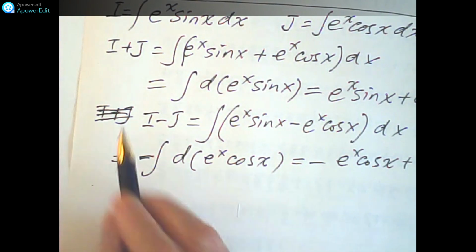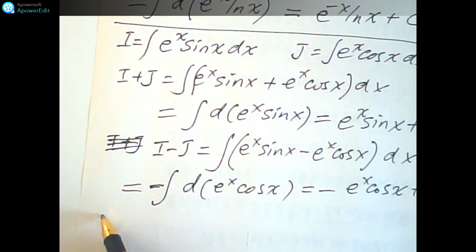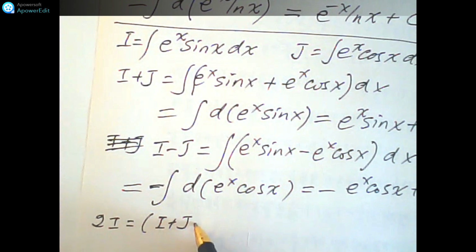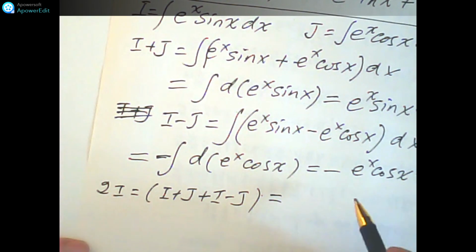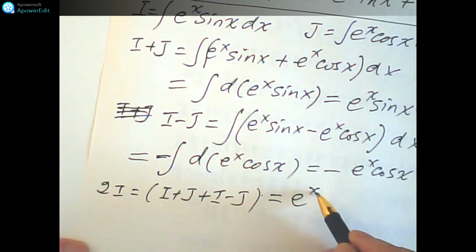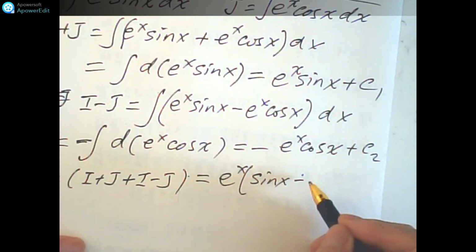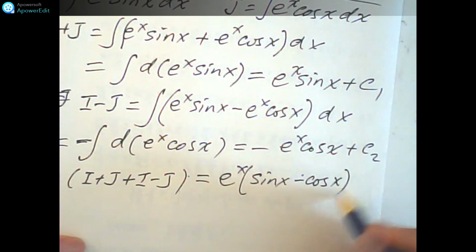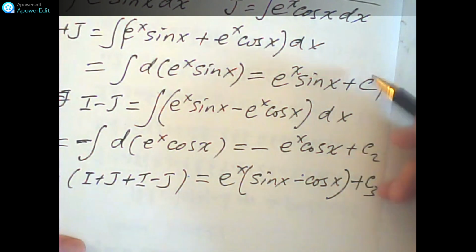Now then, we're looking for I, right? We're looking for I. 2I is equal to I plus J plus I minus J. So this one plus this one is equal to e to the x, common factor, sine x minus cosine x plus c3, right?